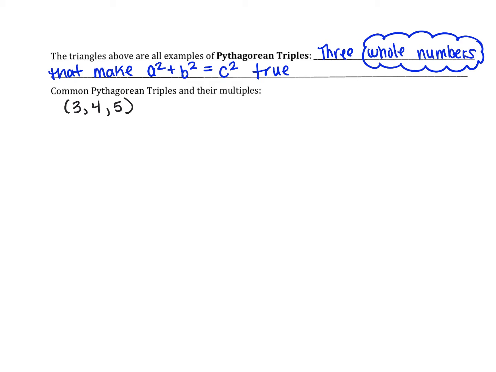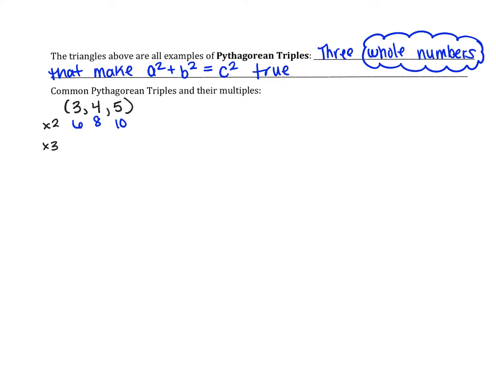So we can take these triples and we can multiply them to get other triples. So if I had a 3, 4, 5 triple, then another triple, I could take those and multiply them by 2. So 3 times 2, 6, 4 times 2 is 8, and 5 times 2 is 10. So that would be an example of another triple.